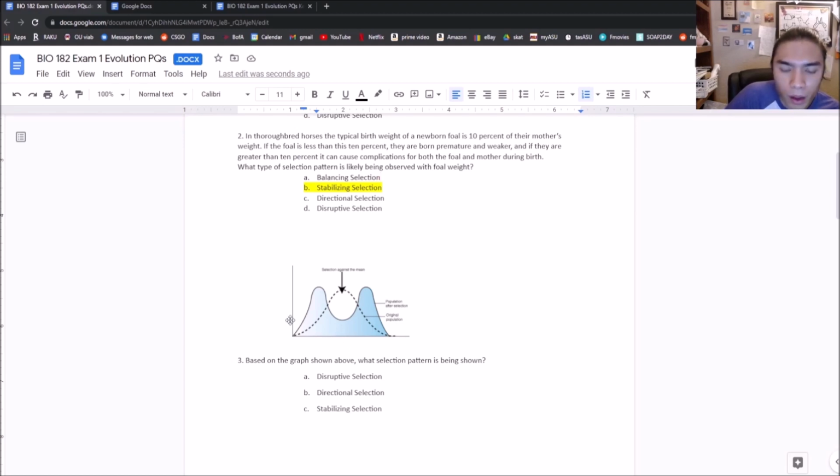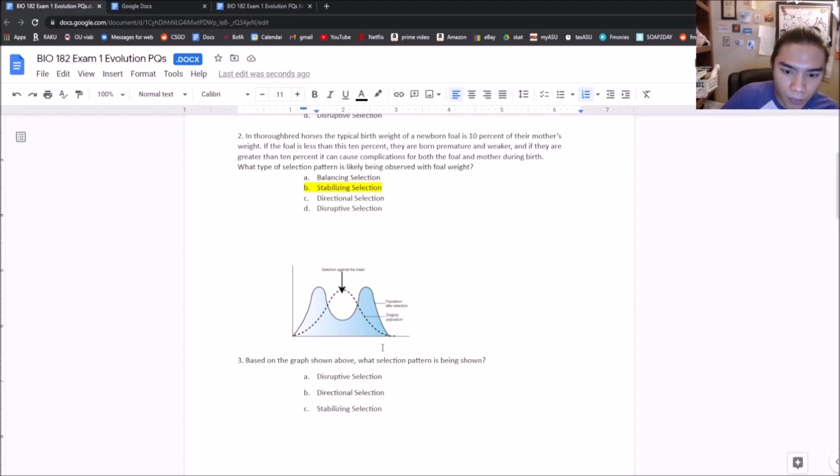Remember, whenever you're looking at a graph, the y-axis is the amount of individuals present, and the x-axis is the trait. So it looks like this is on a continuous level. A continuous trait is like height, skin shade, weight, that kind of thing. It's not really distinct traits like eye color, for example.